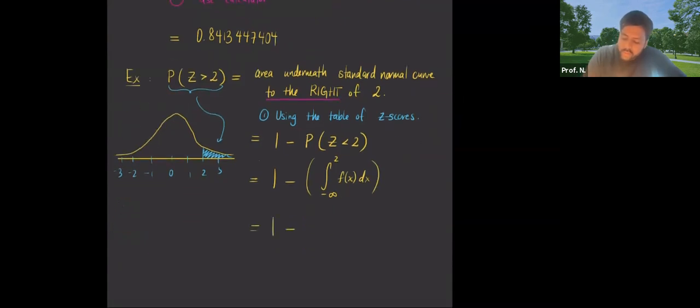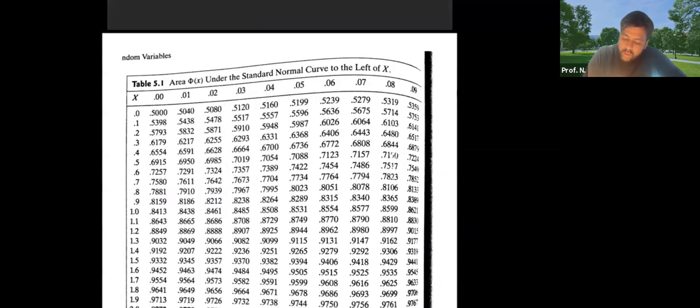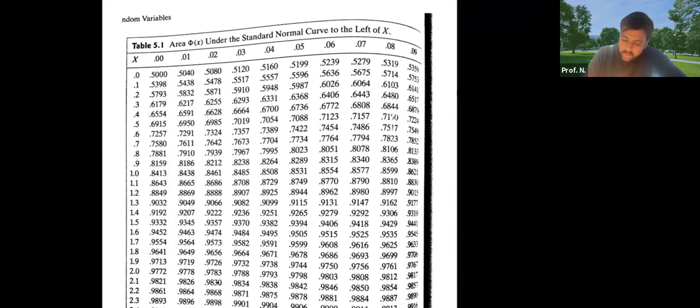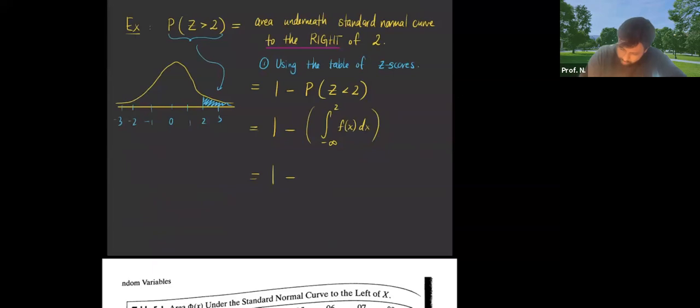So then we can go to our table and look at where 2 is. And I want 2.00, right? So this is 0.9772.